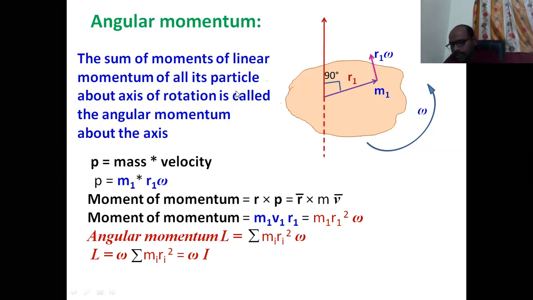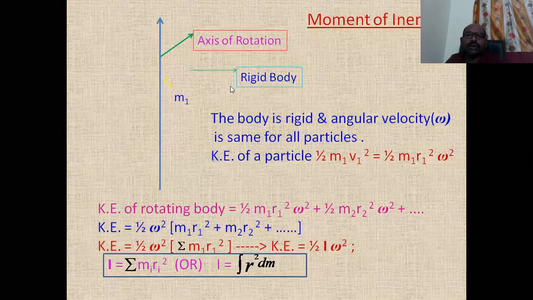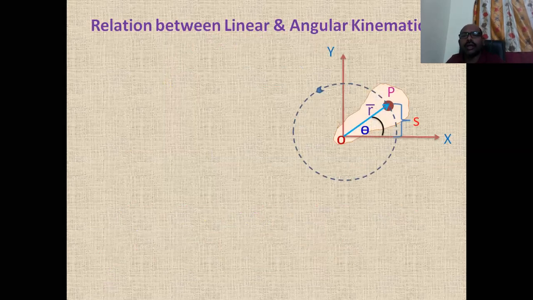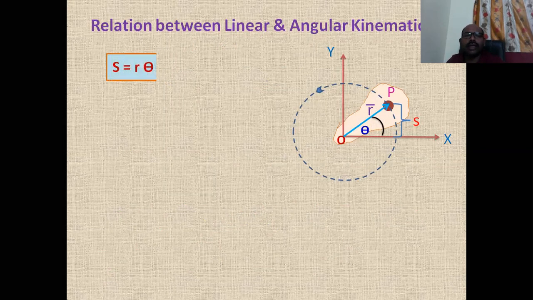So in this video we have learned the relation between linear kinematics and angular kinematics. If S is a linear displacement and theta is the angular displacement, those two quantities are related with the equation S is equal to r theta.